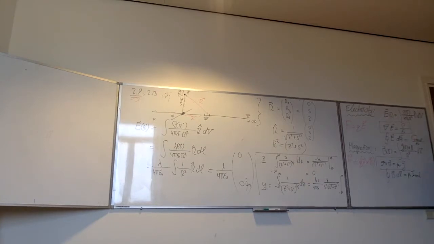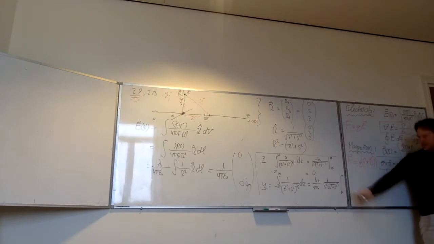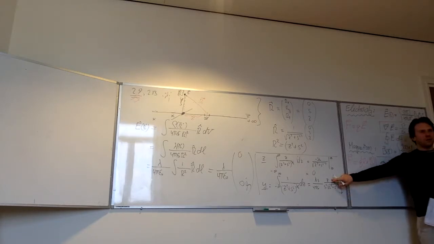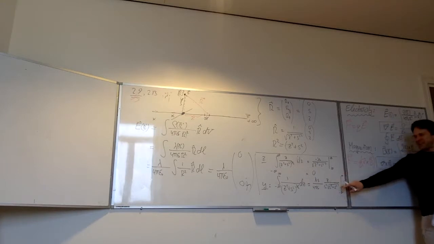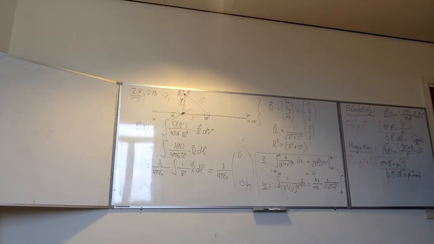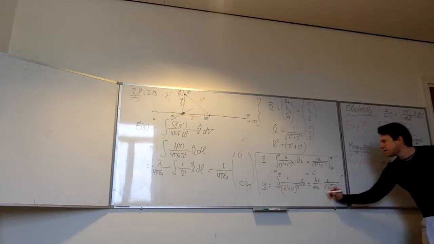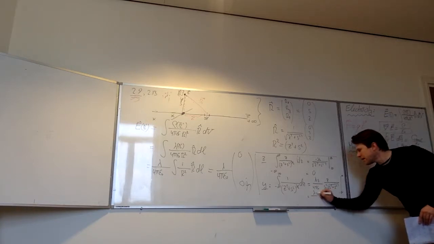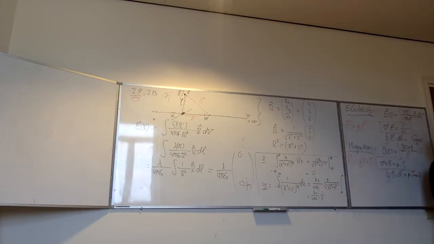Now, Louis a couple of days ago said, well, it's infinity over infinity, which sure looks like it, right? There's an infinity here and an infinity there, but they cancel each other out because this infinity goes as infinity to the power 1, and this one is infinity to the power 1. And what you end up with is lambda s over 4 pi epsilon 0 times 1 over s squared, just like 2 days ago.